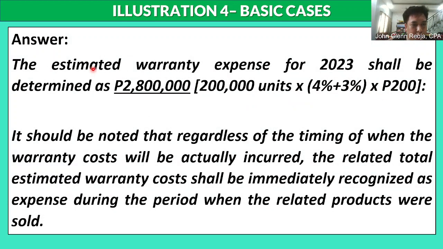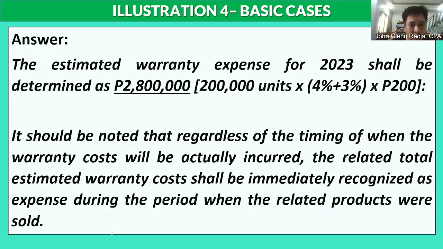It should be noted that regardless of the timing of when the warranty cost will actually be incurred, the related total estimated warranty cost shall be immediately recognized. It must be immediately recognized because they already sold the units, as expense during the period when the related products were sold.